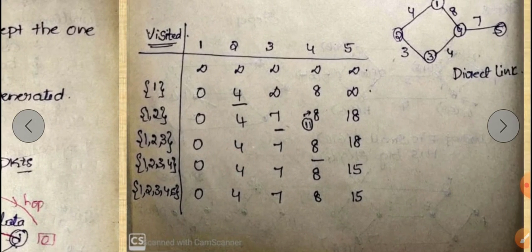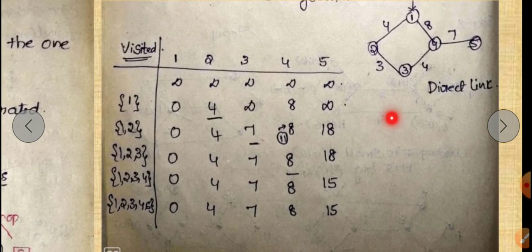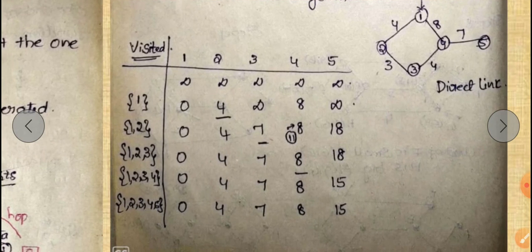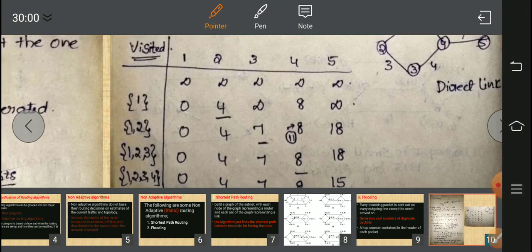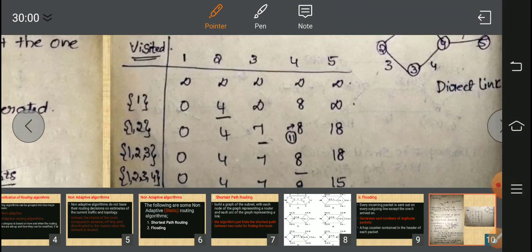Now among these values 0, 4, 7, 8, 18, I already visited router 1, 2, 3. Now I will go for router 4. So that's why 1, 2, 3, 4, and I already have the values 0, 4, 7, 8.